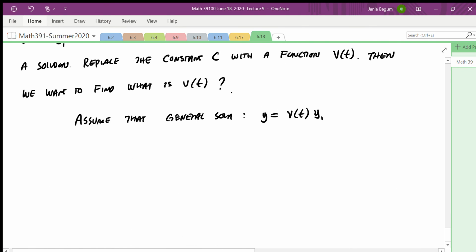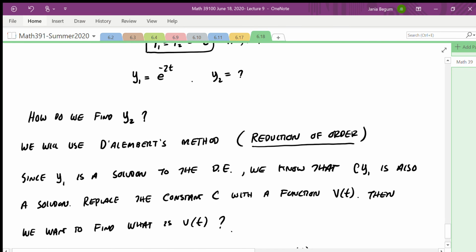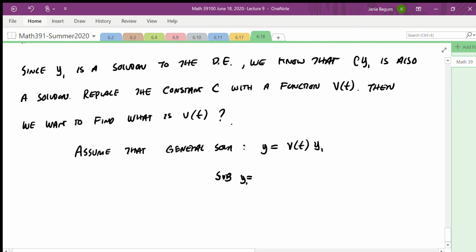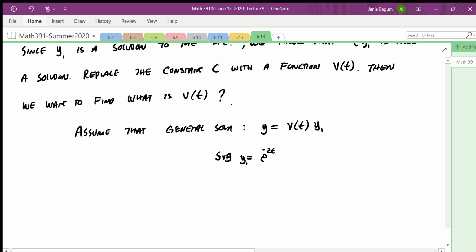Before I plug in, I'm going to substitute my solution y1, which we computed right here, that was e to the negative 2t. I'm going to substitute this into our general solution and compute its derivative. So y is equal to v times e to the negative 2t.